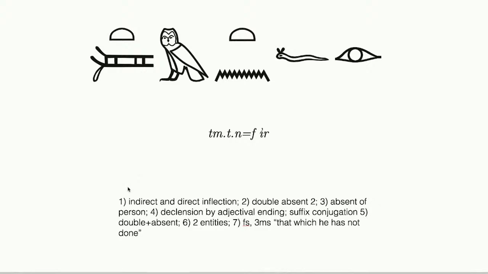The most exhaustive dictionary we have is the Erman and Grapow Wörterbuch. It's a German dictionary that's handwritten, and I think it's either five to seven volumes, and it took years to make. That is the most exhaustive dictionary we have to date of the ancient Egyptian language, but it's in German.